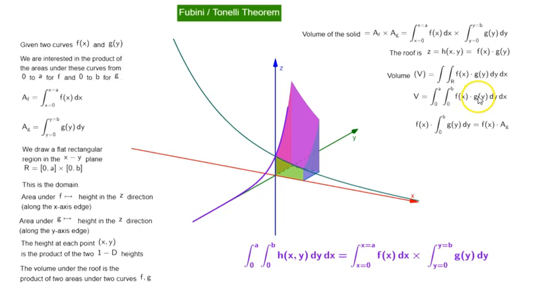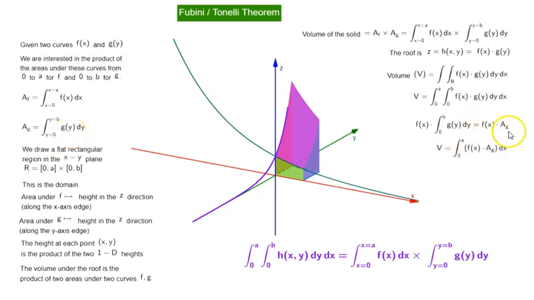Let's take care of the inner integral, that is with respect to y. In that case, f of x is a constant, so it comes out and we have f of x times the integral from 0 to b of g of y dy, which is equal to f of x times A sub g, the area under the curve g.